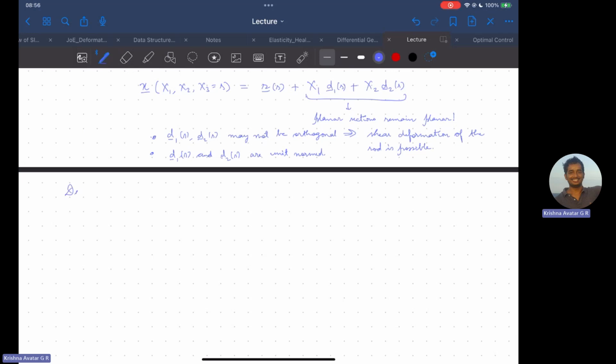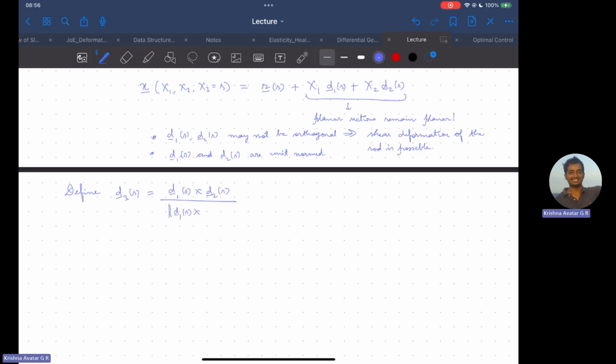Now we define a third, as we had learned, D3 vector of S is defined as D1 cross D2 divided by the norm.